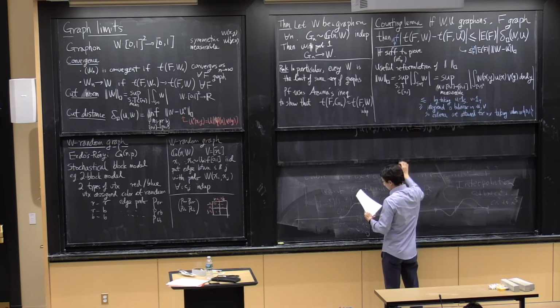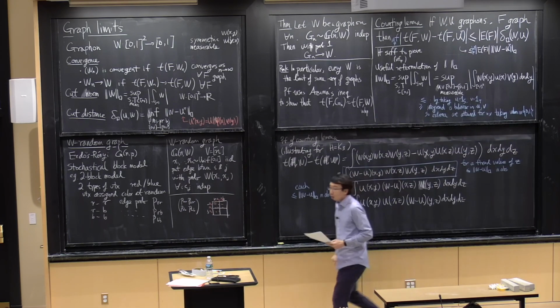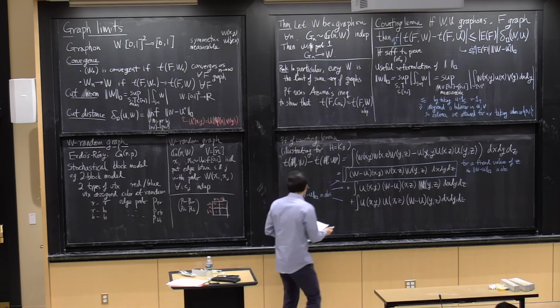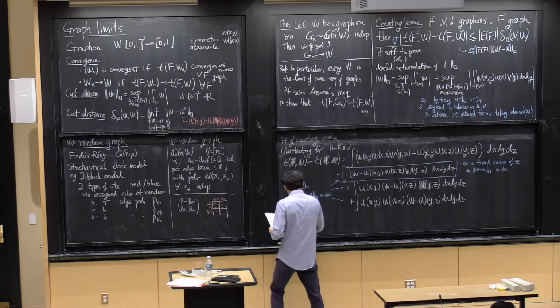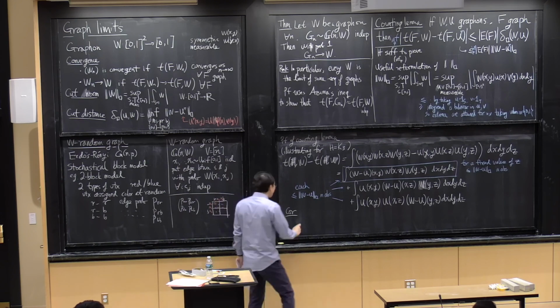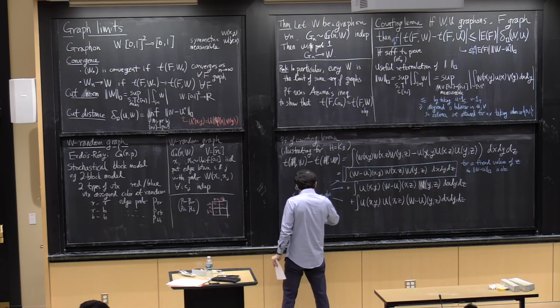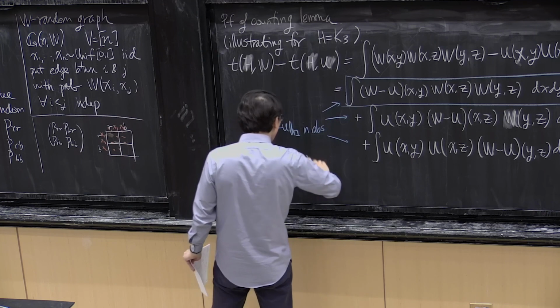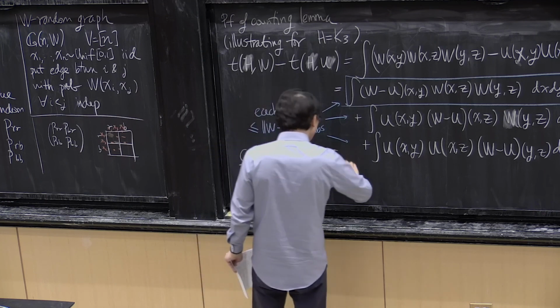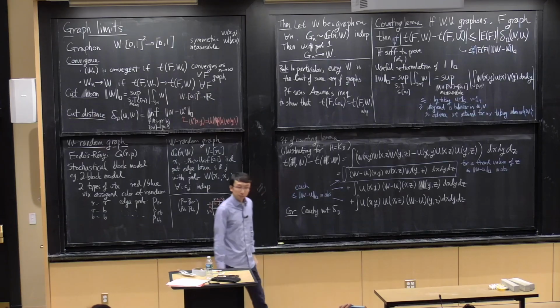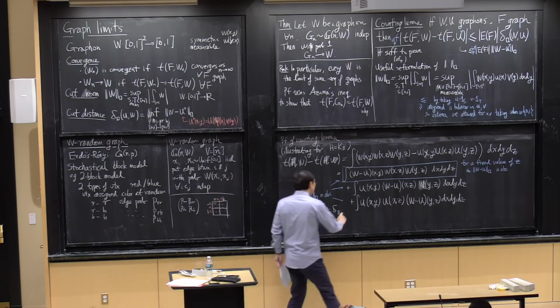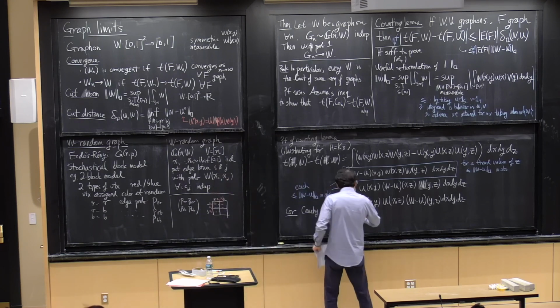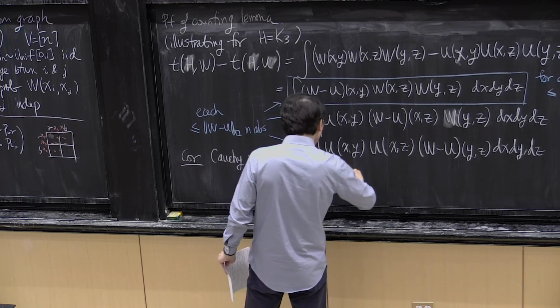So what we see as a corollary of this counting lemma is that if you have a Cauchy sequence with respect to the cut distance, then the sequence is automatically convergent.